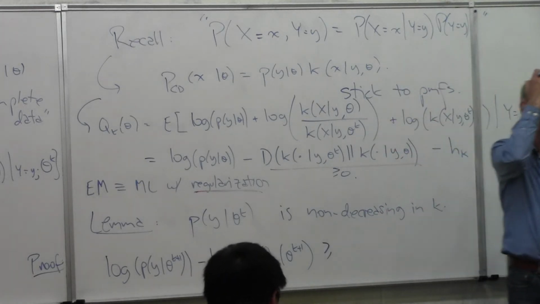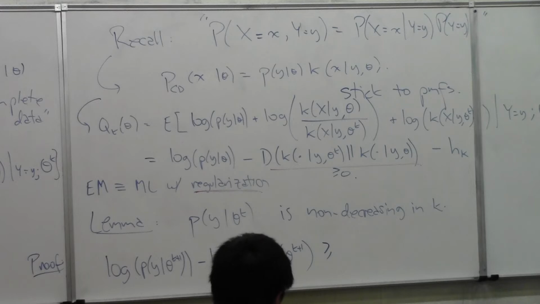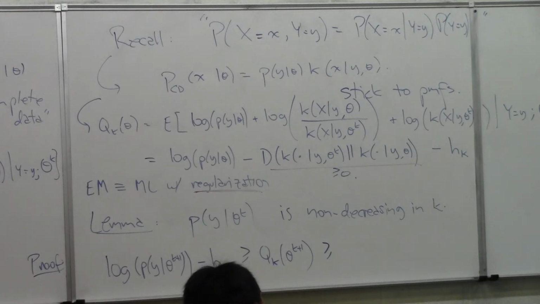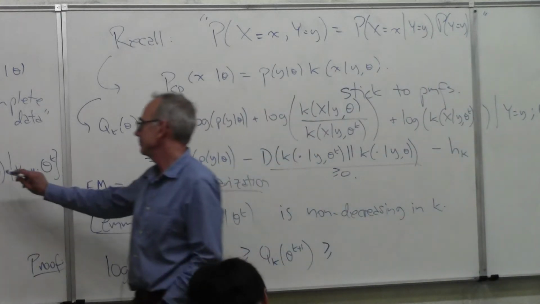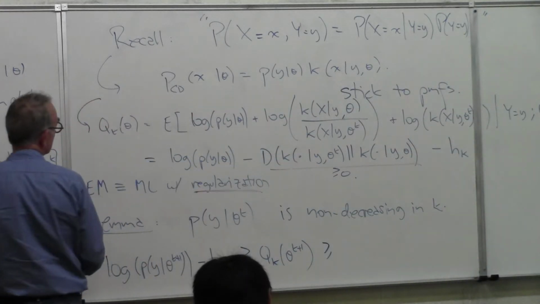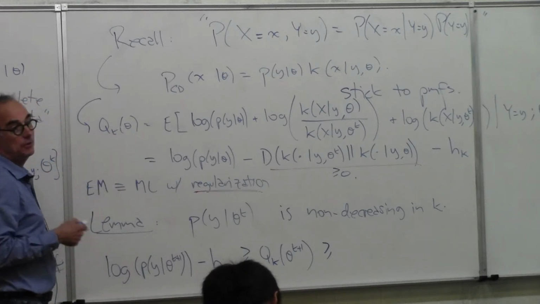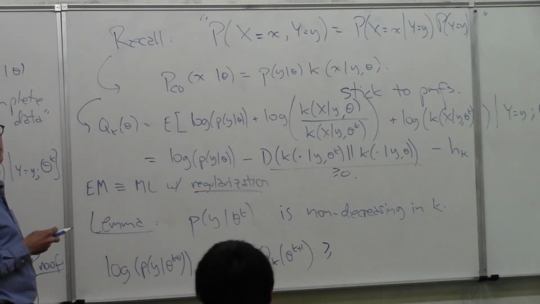All right, now how can I get a lower bound on this? Anybody have any suggestions? So theta k plus 1 is a maximizer. What can I drop in and get something informative? So I've got this max step. If I want to get some sort of bounds, what can I plug in for theta?